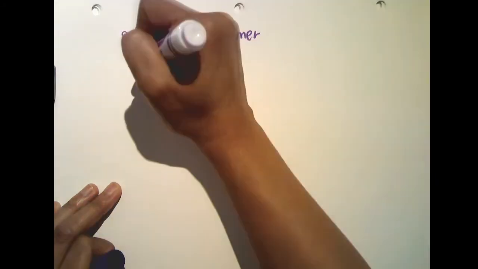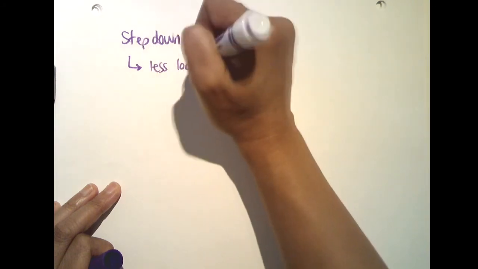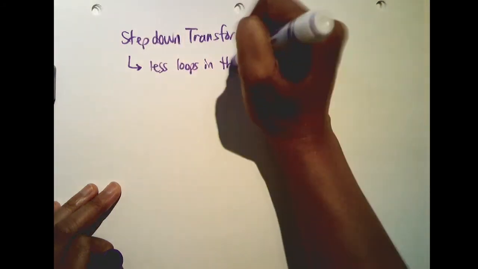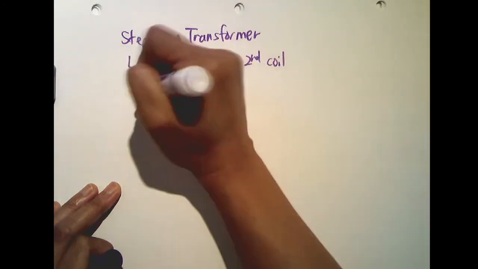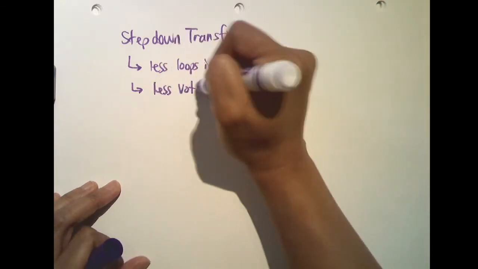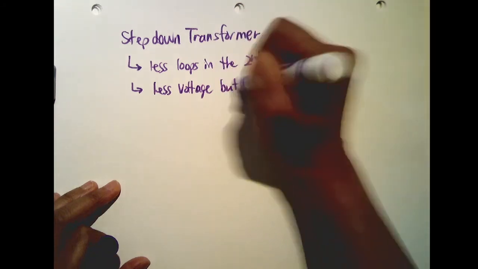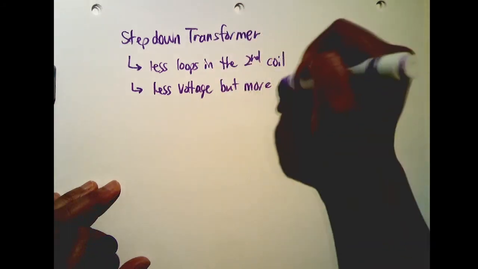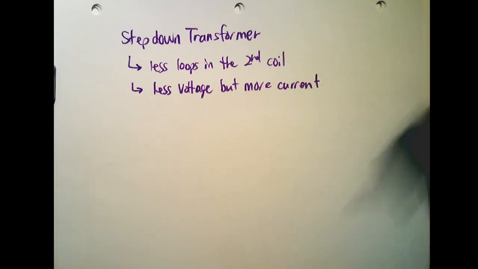Okay, essentially you're going to have less loops in the secondary coil. All right, and as a result, you're going to have less voltage, but more current. So it's just the reverse.